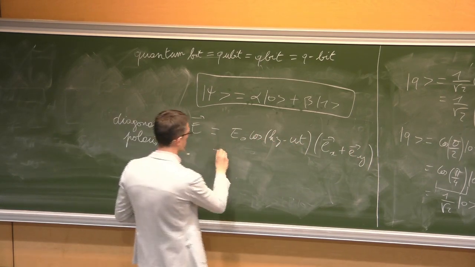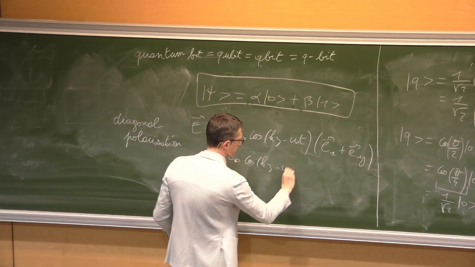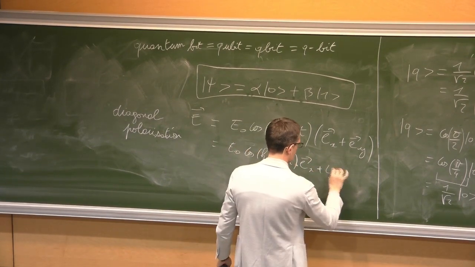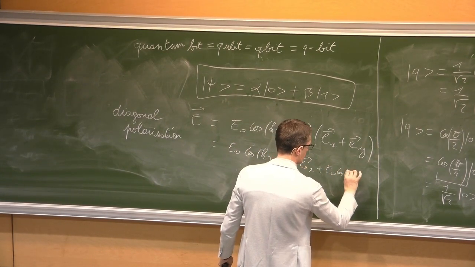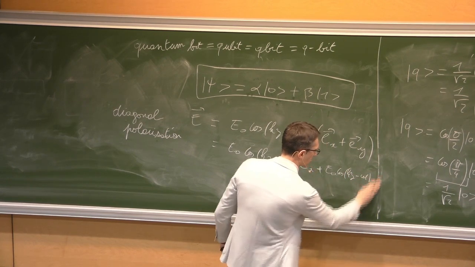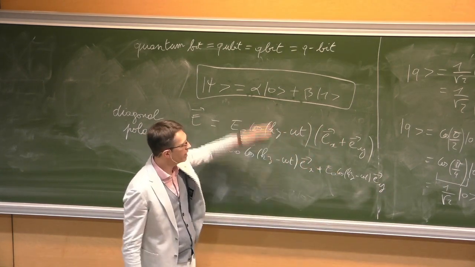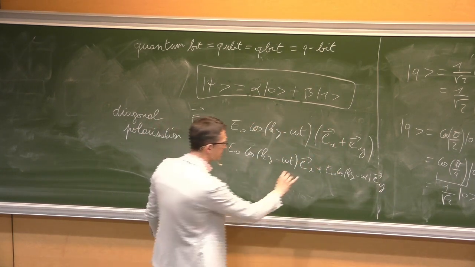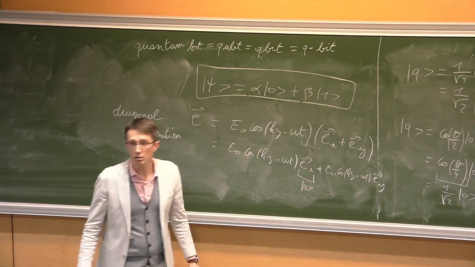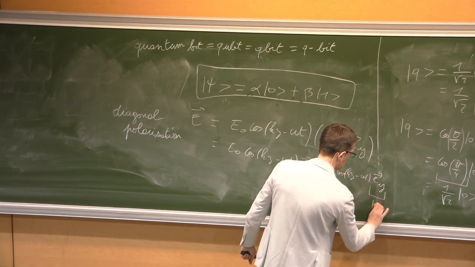So I can rewrite this as E0 cos(kz minus omega t) Ex plus E0 cos(kz minus omega t) Ey. And by analogy, this could be my qubit state 0. And this could be my qubit state 1.